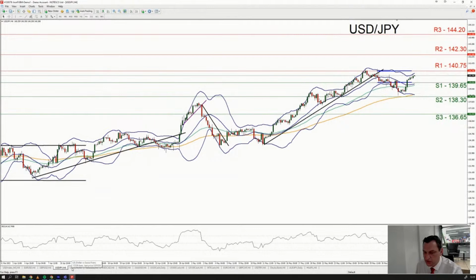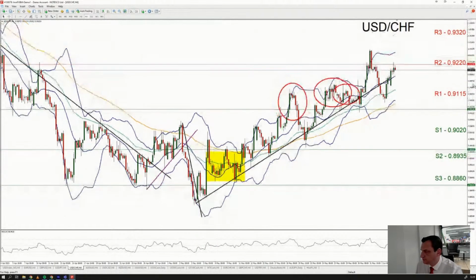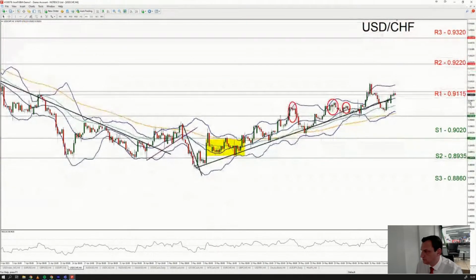Moving now to USD/CHF. Let's reposition the labels a little bit.